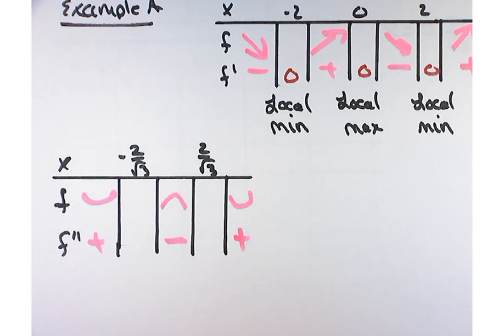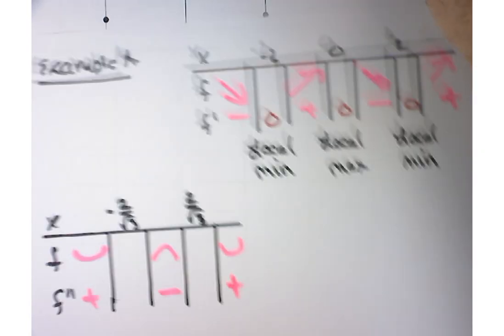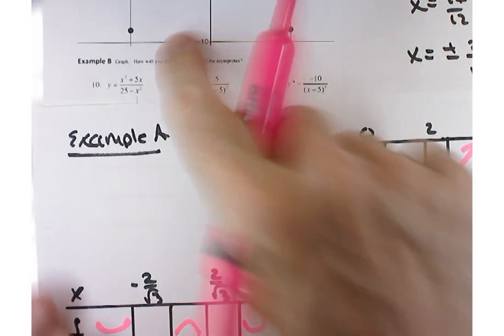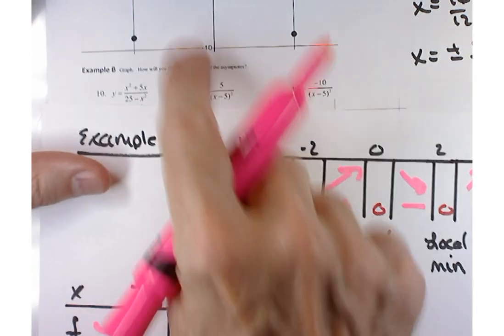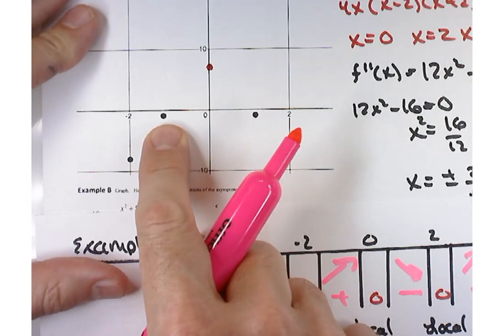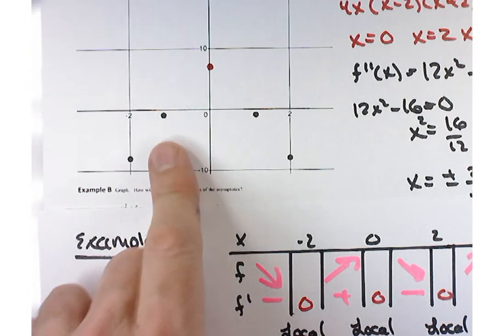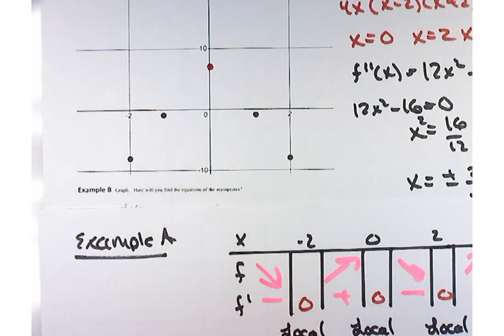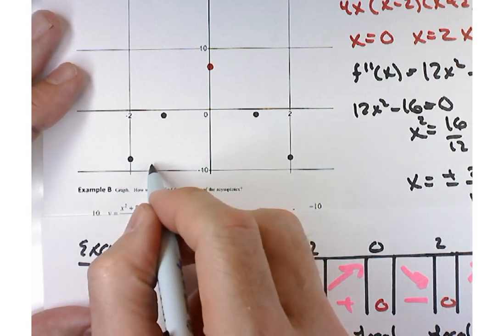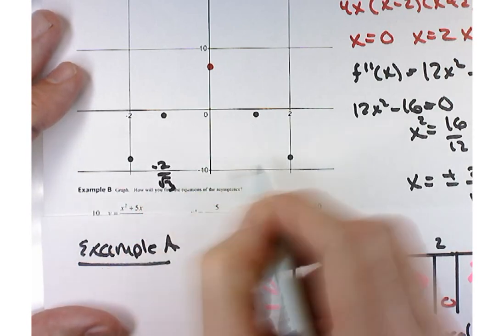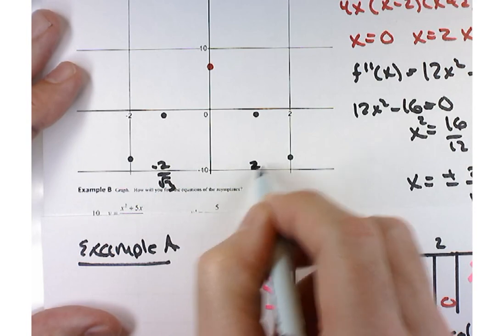So, now I've already put a few points on your graph for you. If you're curious, this one is negative 2 over the square root of 3. And here's 2 over the square root of 3.